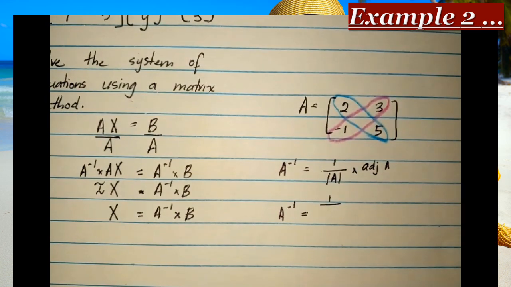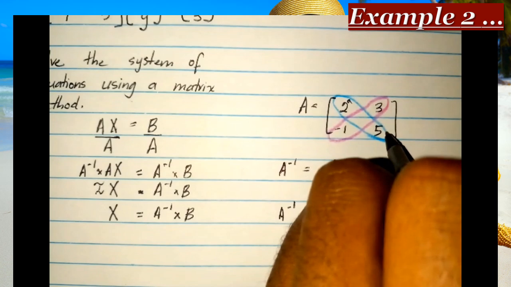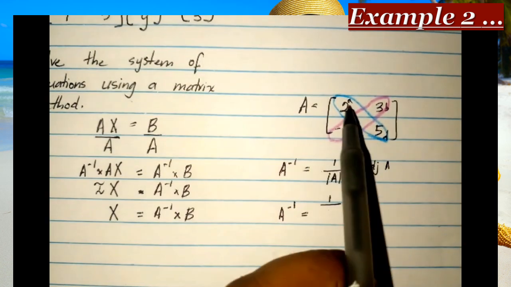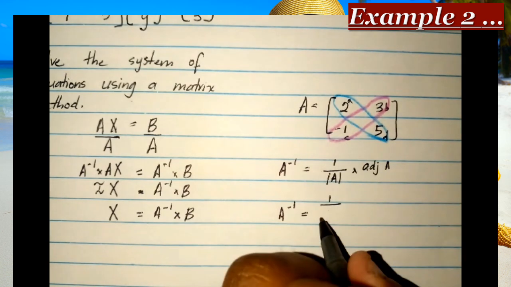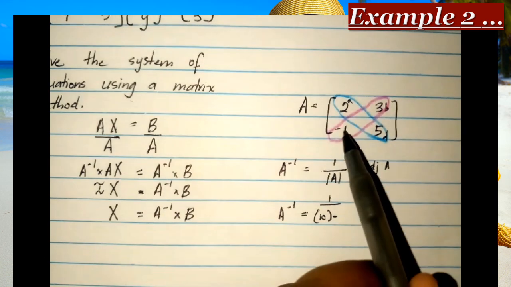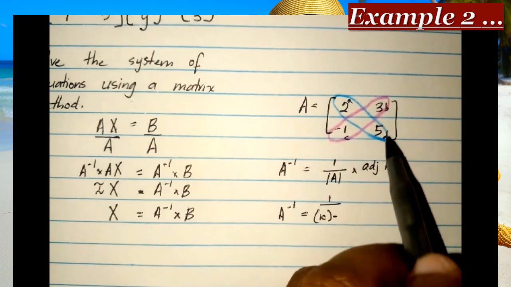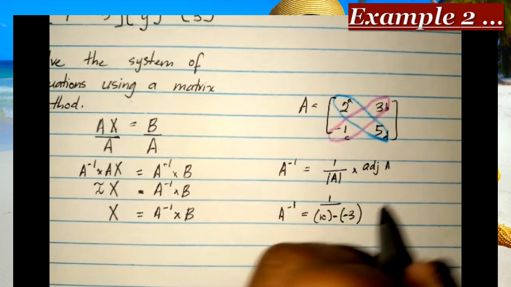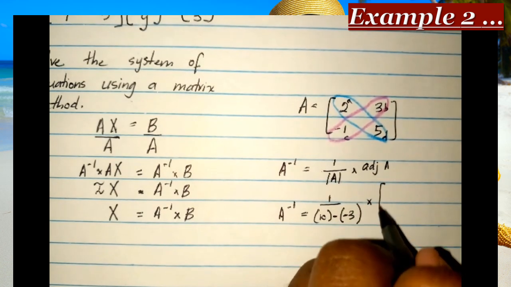So this is the a value, the b value, c, and d value. So a times d, 2 times 5 is 10, and I'm subtracting from that -1 times 3, or 3 times -1, which is -3, and I'm going to multiply that by the adjoint.